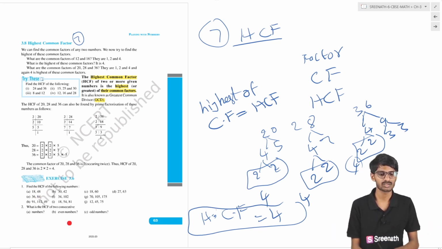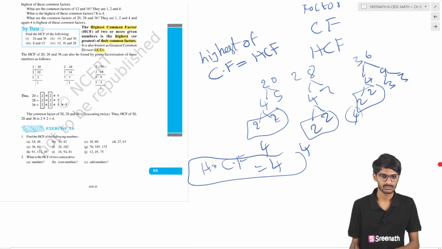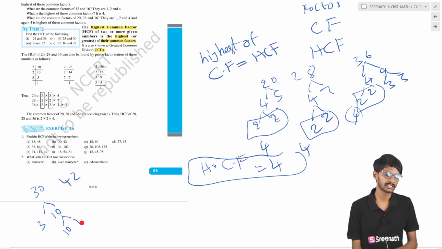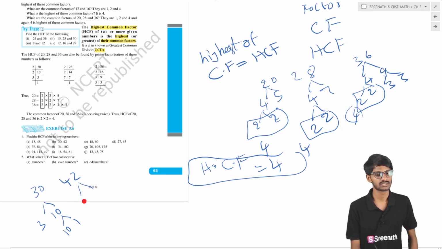So if you want to find out the highest common factor for anything, suppose for 30 and 42. What are the factors for it? We can write it as 3 into 10. We can write it as 10 into 1. For 42, it is divisible by 3.